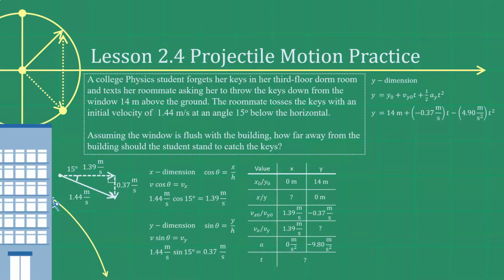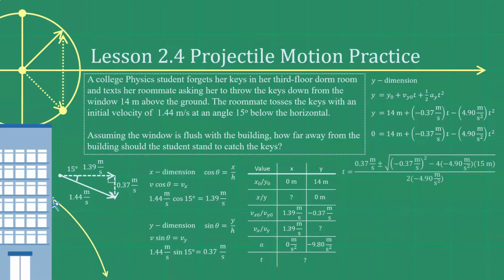I'm going to set y equal to 0 so that I can solve this using the quadratic equation, and then I'm just going to apply the quadratic equation to this to solve. Negative b plus or minus the square root of b squared minus 4ac all divided by 2a. Very important for me to keep track of that negative sign in b.